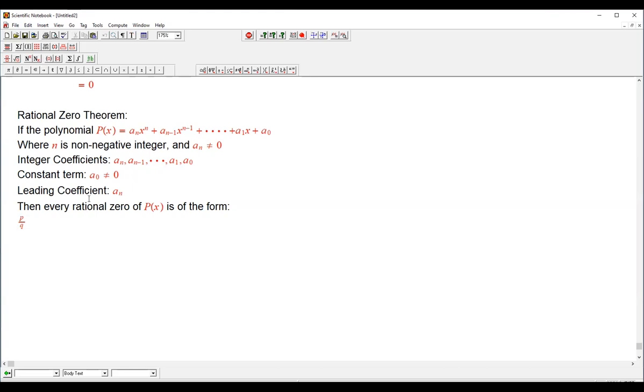Then of course we're going to explain what P is and what Q is. So that is the form.